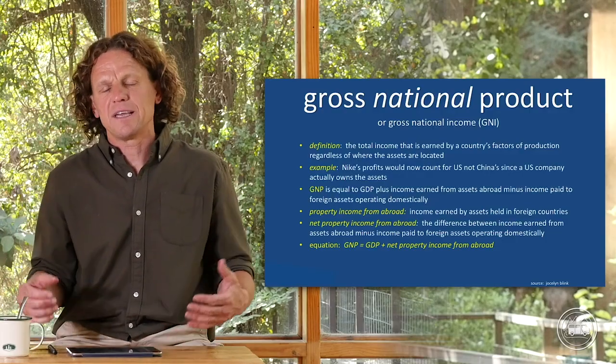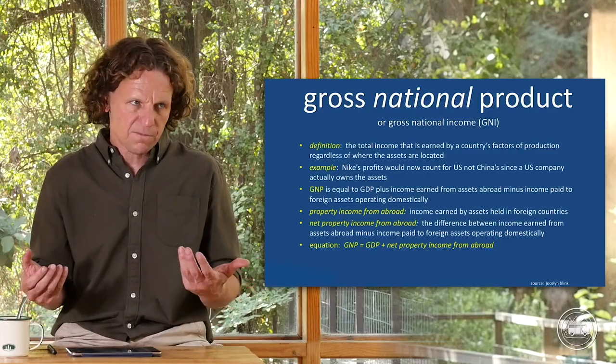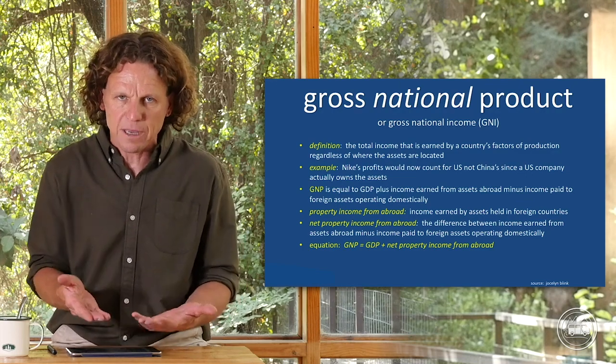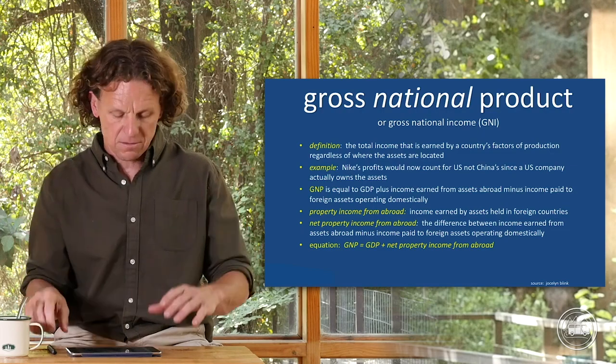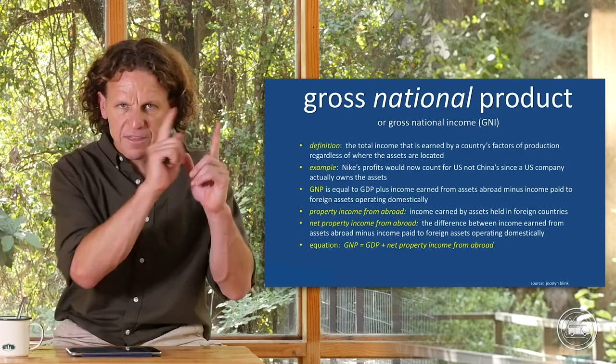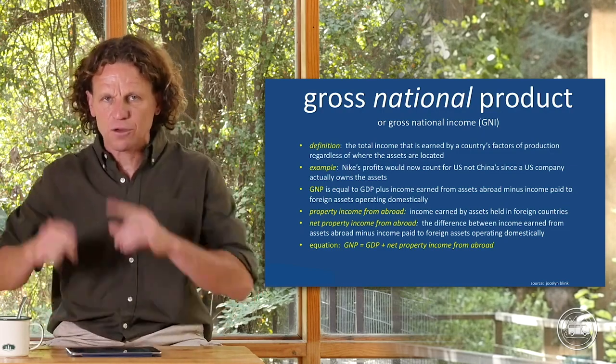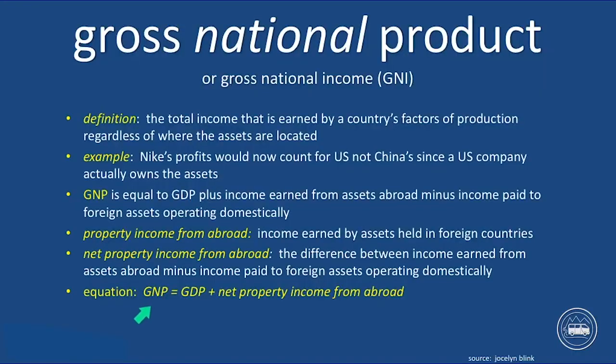Sometimes economists can make the most simple things seem so complicated by putting big words in there. You get it if you understand the difference between the D and the N. Gross domestic product, gross national product. Therefore, the equation: GNP, gross national product, equals GDP plus property income from abroad.